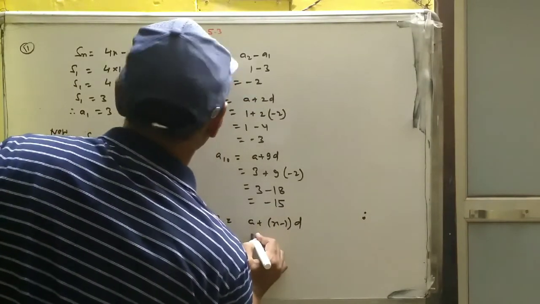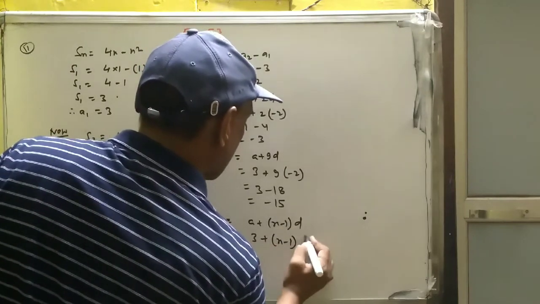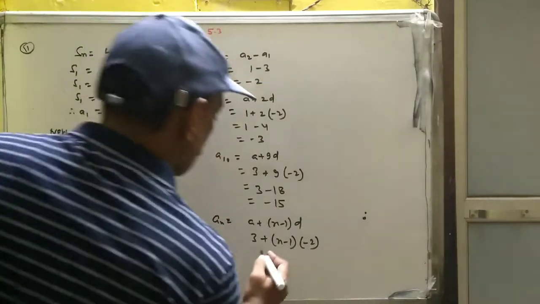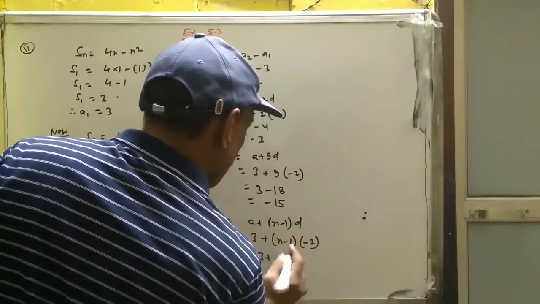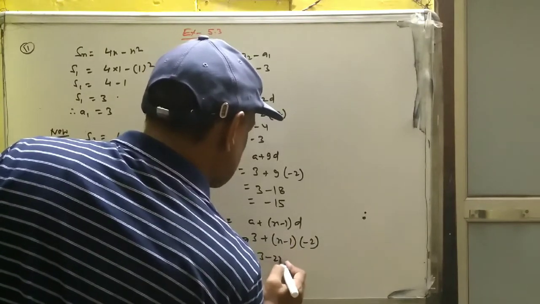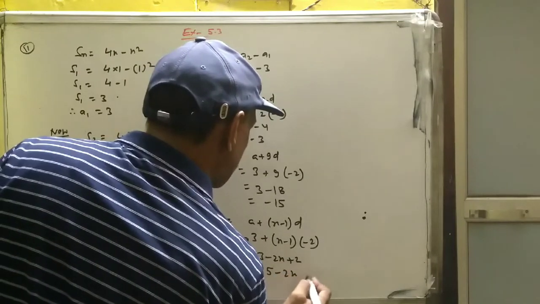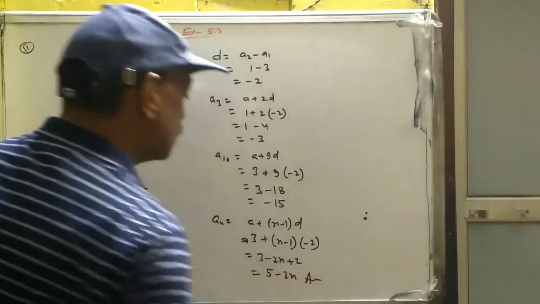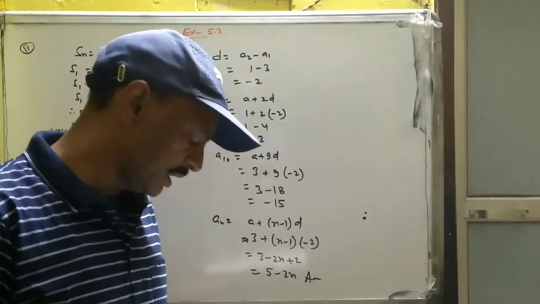A is 3, n is n, and d is minus 2. So 3 plus minus 2n. This is plus 2. So 3 plus 2, 5 minus 2n. So these are the answers of this question. Okay, let us see the other question now.